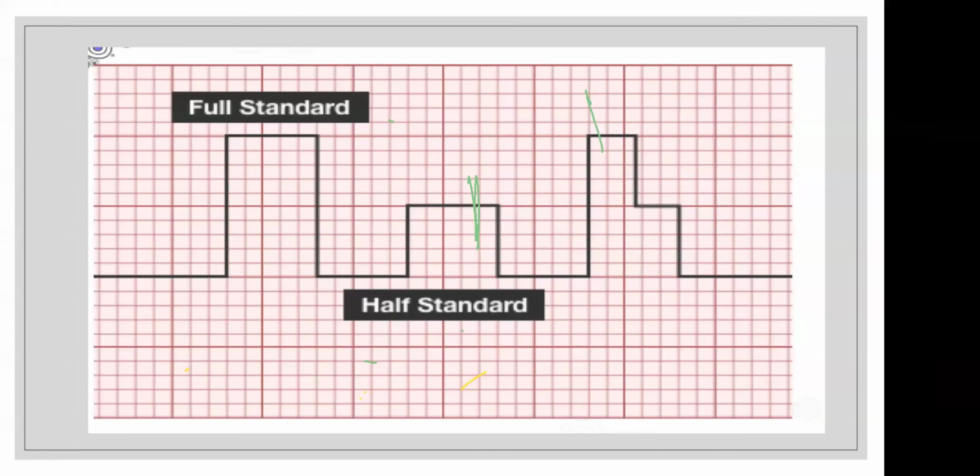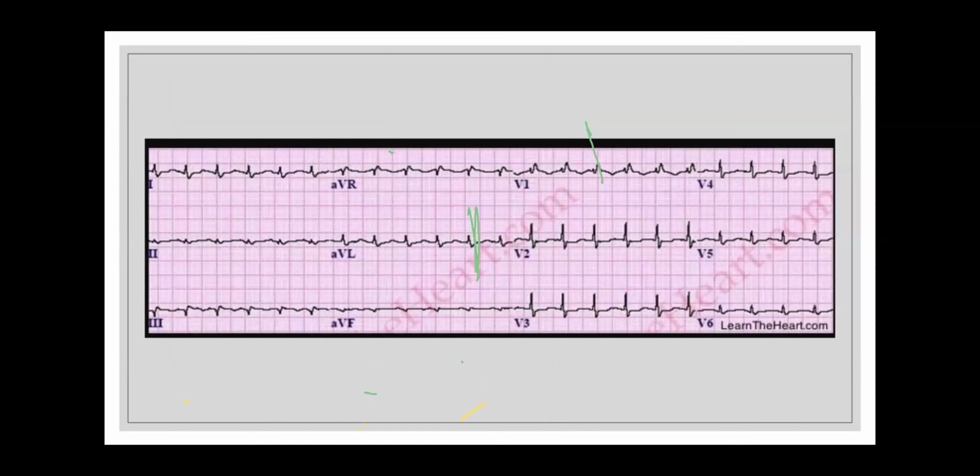If you do not have a proper calibration, you may have QRS complexes whose size, the amplitude, would be very, very small. You can see it's so small. Now this is related to the standardization, if it is set on half standardization.